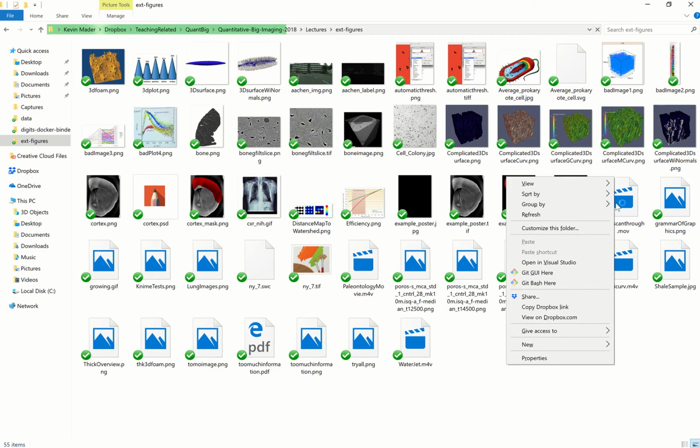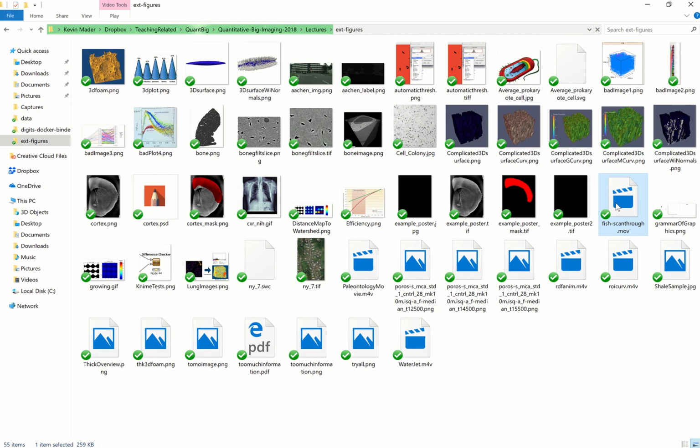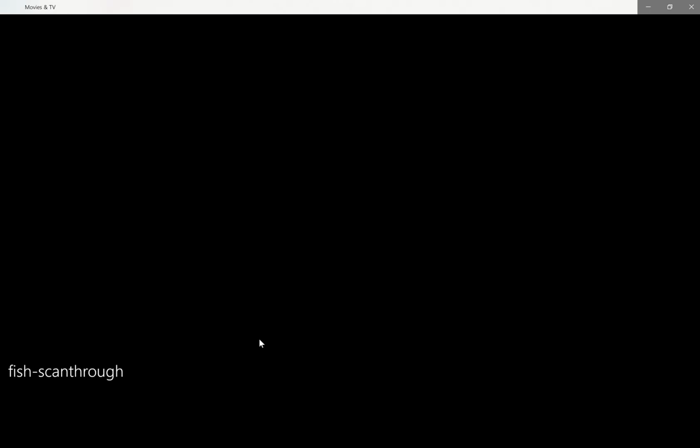Fish scan through. Should work here. So it should work in the online slides. I'm not sure why it doesn't.